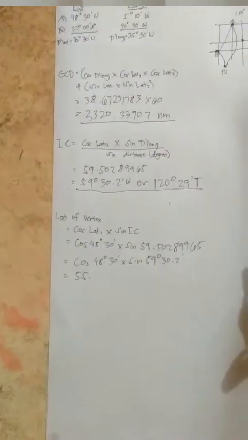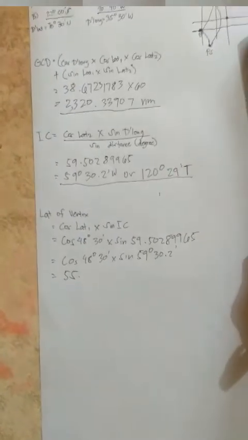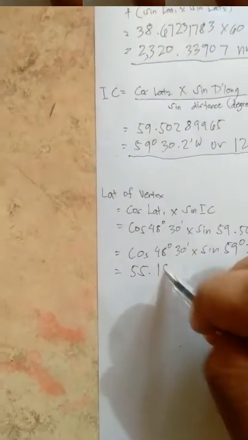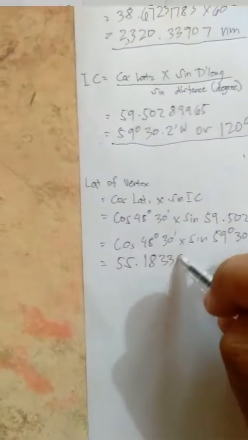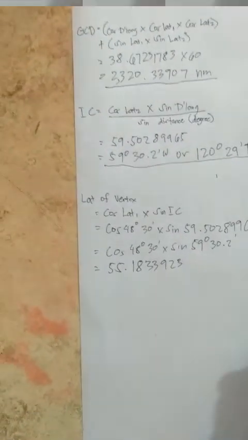After getting that, you have 55.1833923. Convert it to degrees.